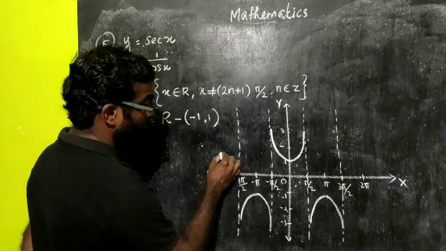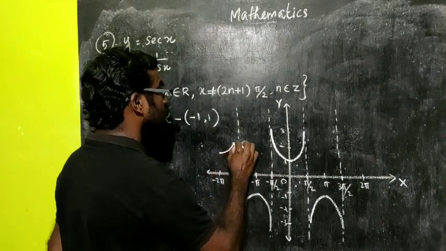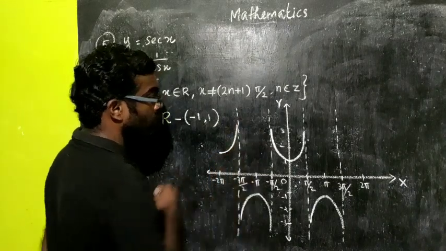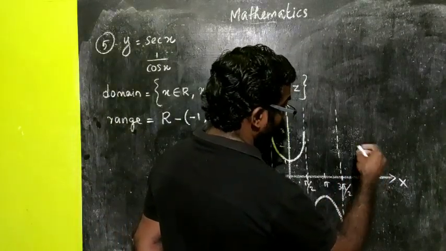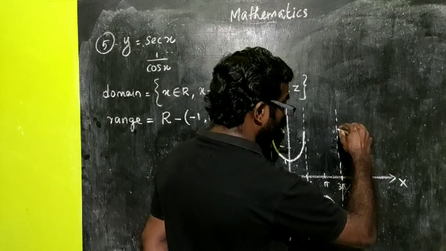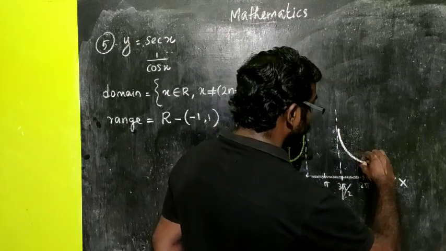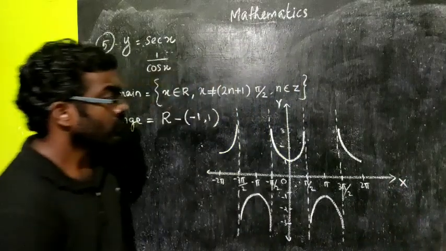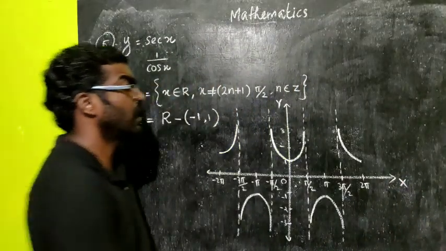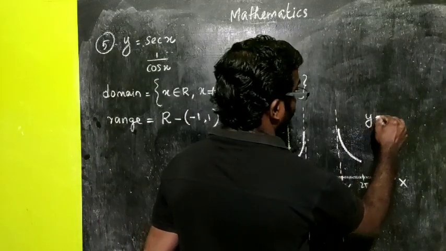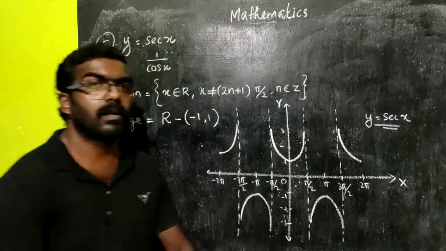And here the point is 1 and here the graph is like a curve. Okay. And in this part, here it is 1. We can draw the curve like this. So this is the graph of y is equal to sec x. Clear?